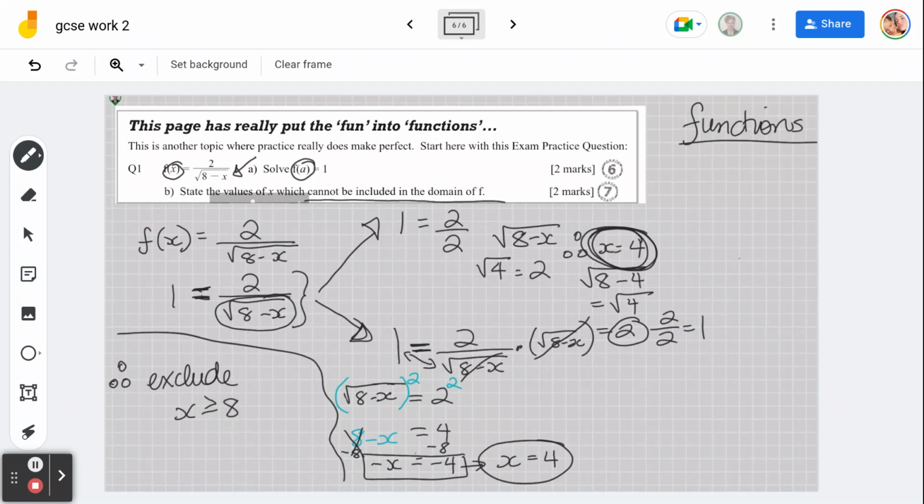Because if it's greater than 8, it's going to make this value down here negative, and you cannot have the square root of a negative. And we can't have it equal to 8, because if it's equal to 8, the square root would be 0, and you can't have 0 on the bottom. Ta-da!